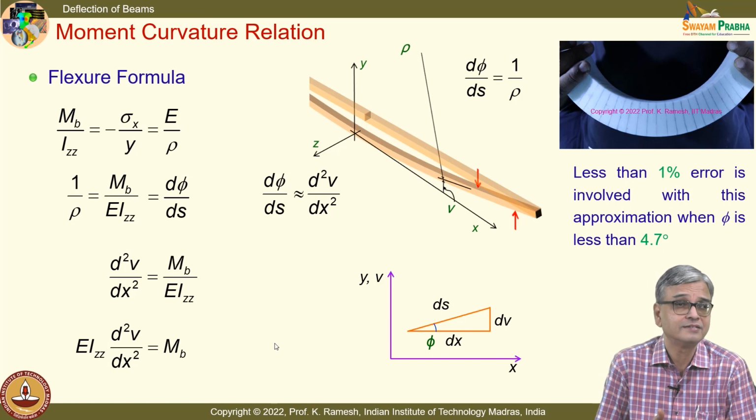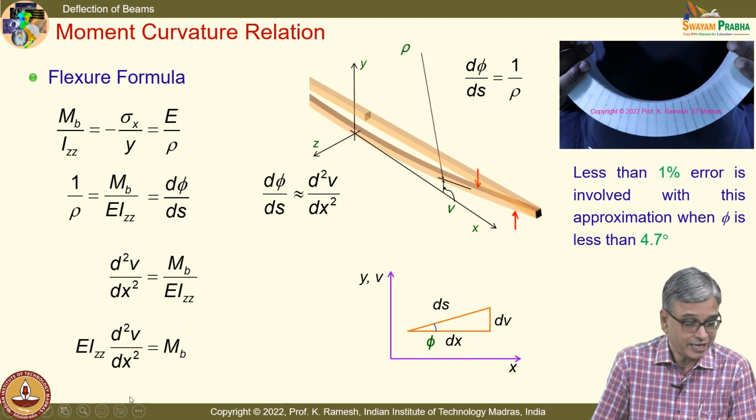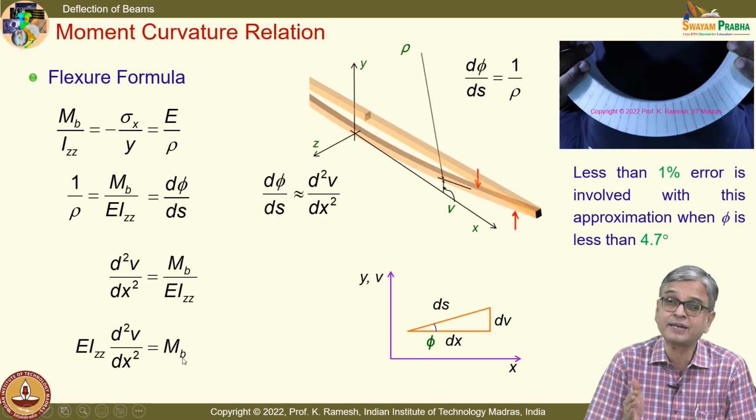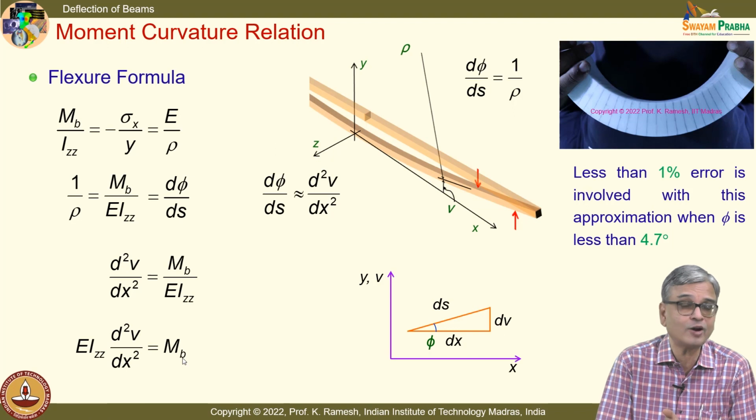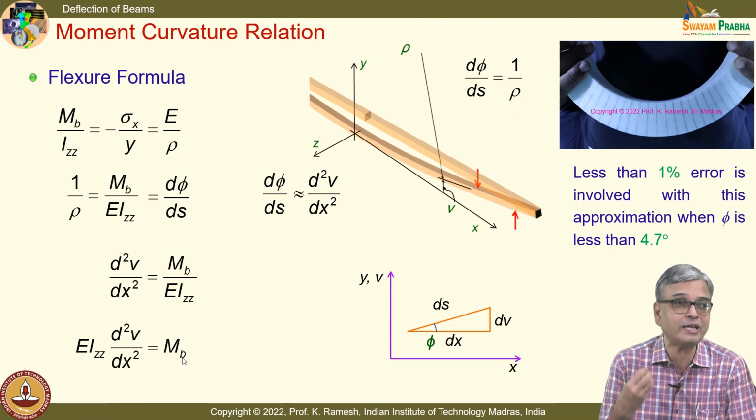Do you see? Have you not totally ignored the effect of shear when I want to apply this expression to a beam transmitting shear force? Yes or no? Because this expression only worries about what happens because of the bending moment. We have never brought in the effect of shear.